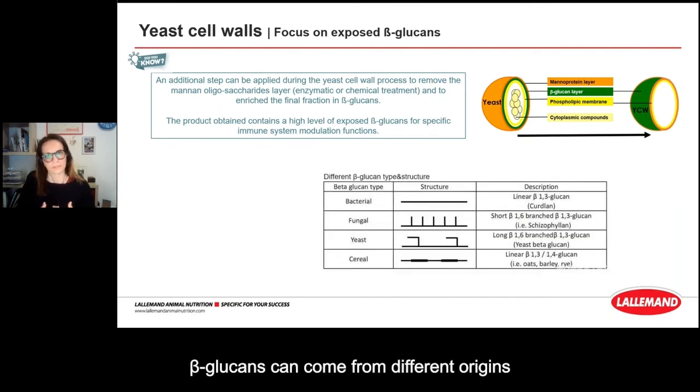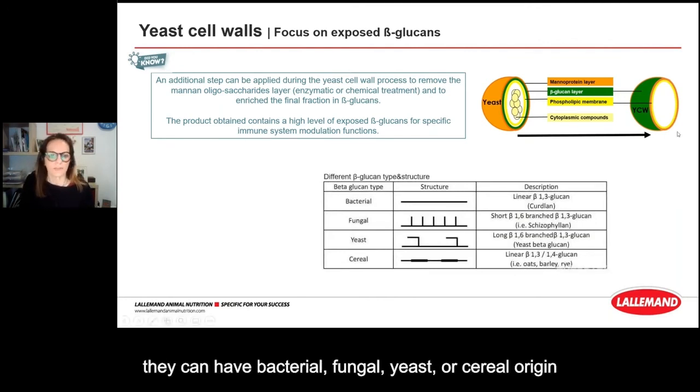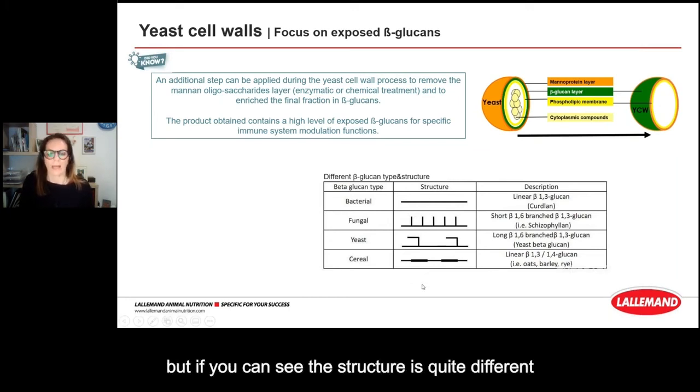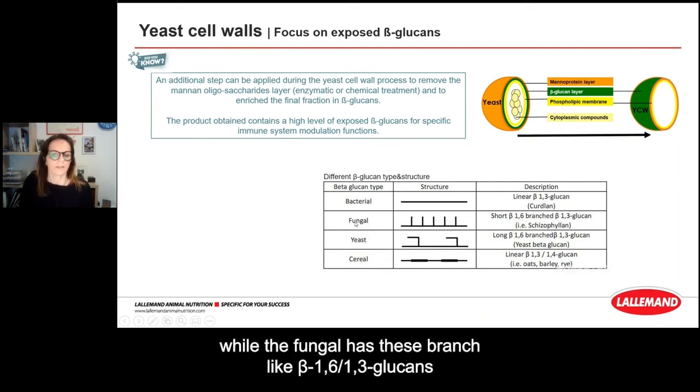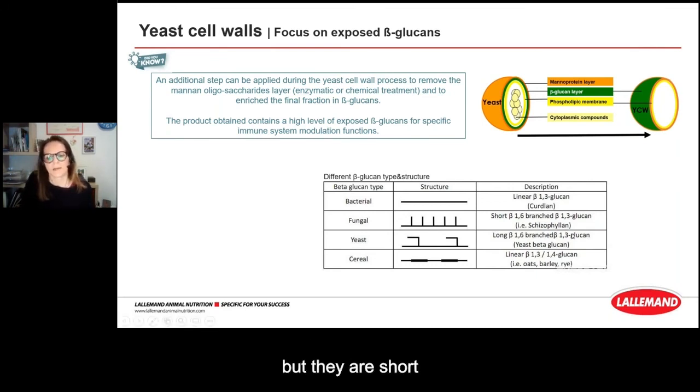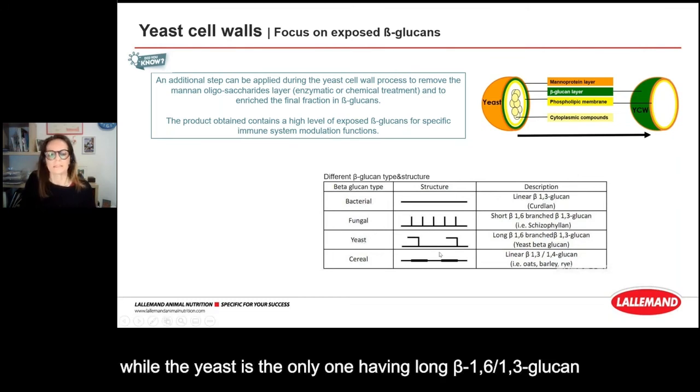Beta-glucans can come from different origin. They can have bacterial, fungal, yeast, or cereal origin. But as you can see, the structure is quite different. You see, for instance, the bacterial one or also the cereal one are a linear structure, while the fungal one has these branch-like beta-1,6, beta-1,3 glucans, but they are short, while the yeast is the only one having a long beta-1,6 and beta-1,3 glucan.